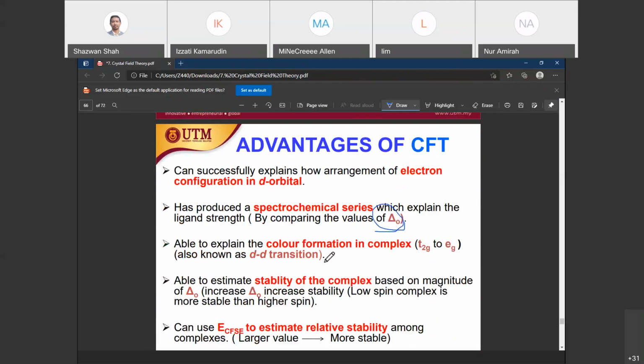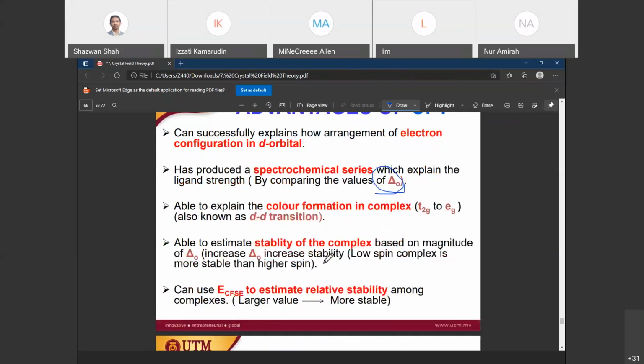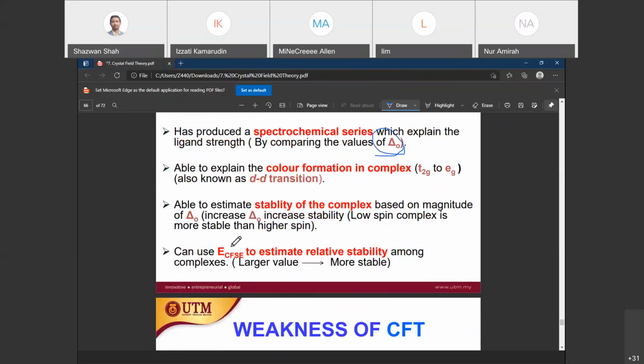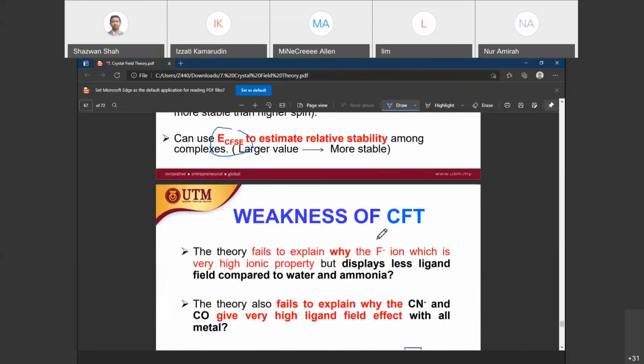We can also explain the color formation in complexes and the stability of the complex. CFSE is the crystal field stabilization energy, used to determine the stability of the complex. So the larger the stabilization energy, the more stable the complex.